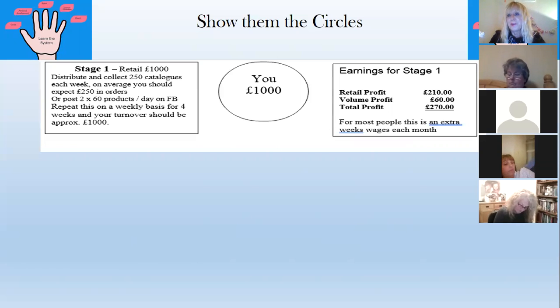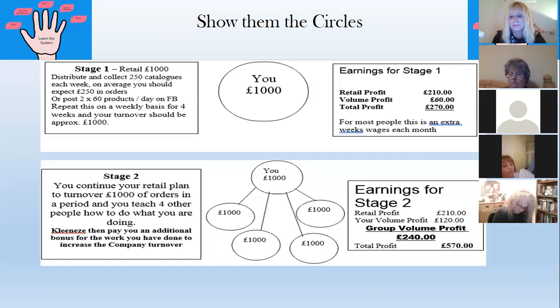Your retail profit, cash in hand, would be £210. But you've achieved a volume profit bonus, and in this instance, paid straight into your bank a week after the end of the period, Cluneasy will pay your bonus of £60, taking your part-time income up to £270. Would £270 help pay for the wedding, Mary? Of course it would help, but I'm pretty sure the next level would help even more.